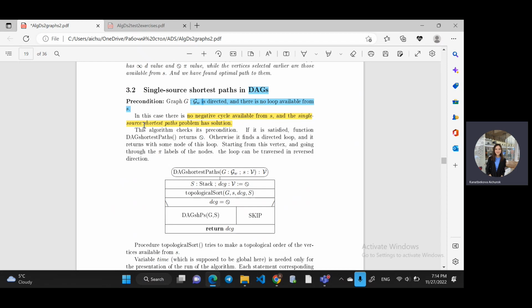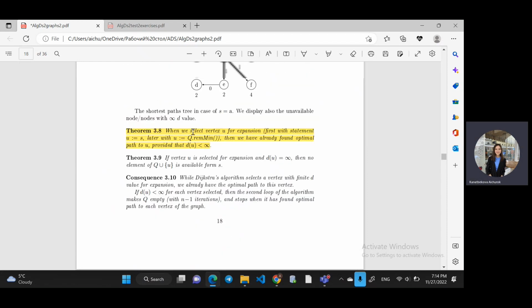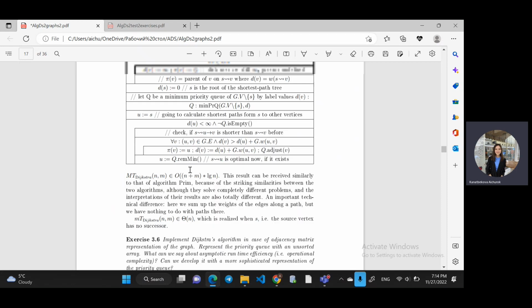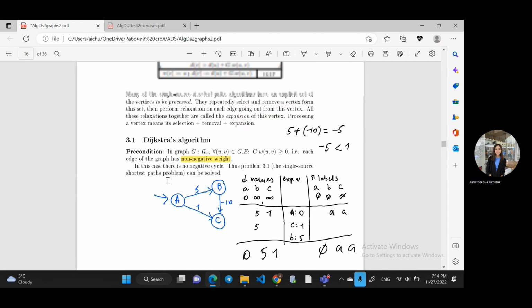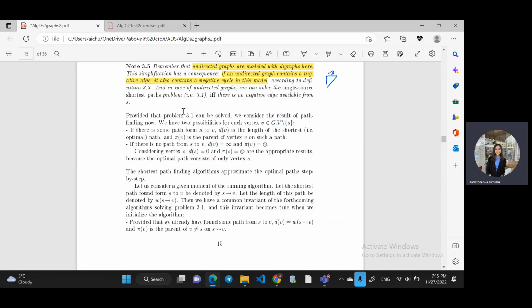Also, the single source shortest path problem has a solution when it doesn't have any negative cycle inside the graph. And I also want to show the definition of a negative cycle.